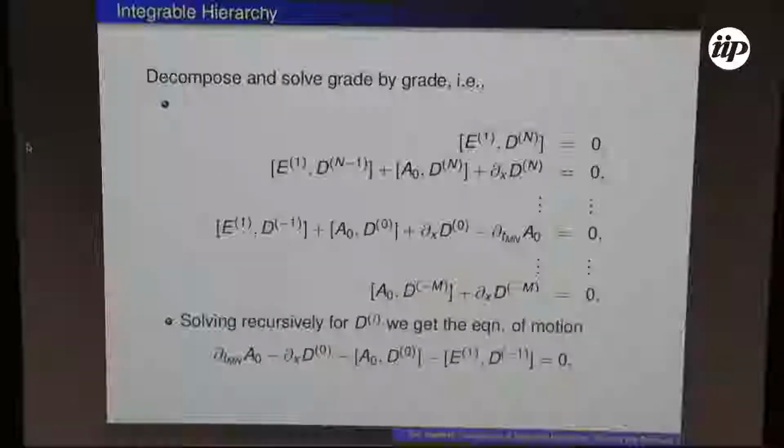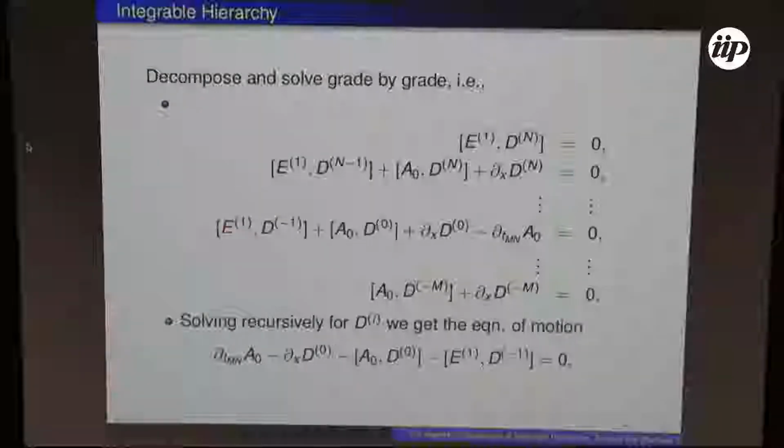So once you determine D_(-1) and D_0 from the bottom up and from the top down, you determine your equation of motion. Obviously, D_0 depends on where you have started, depends on N. I just didn't put the indices, not to make a very heavy notation. And obviously, D_(-1) depends on where you start, from the bottom.